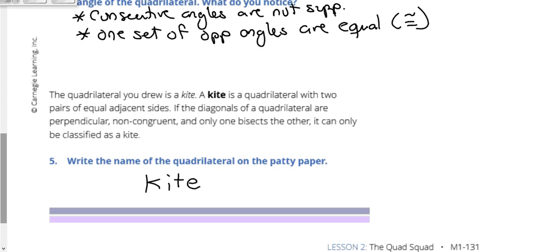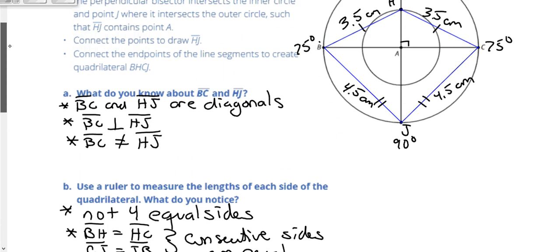So these are all the things that are a little bit different about a kite. To be able to say it, it's a quadrilateral with two pairs of congruent or equal adjacent sides. And it kind of looks like a kite that you used to fly and that sort of thing.